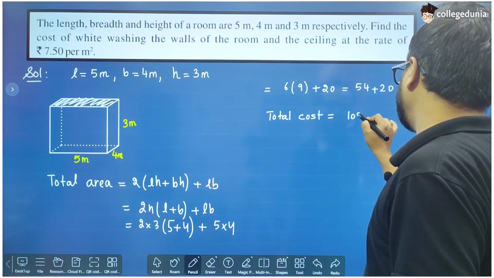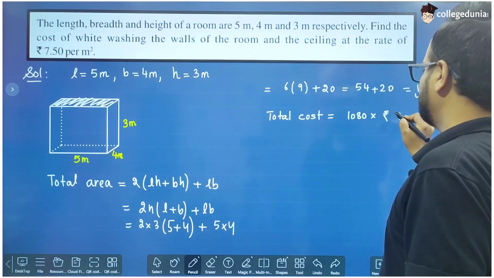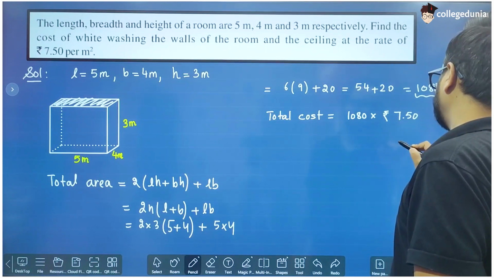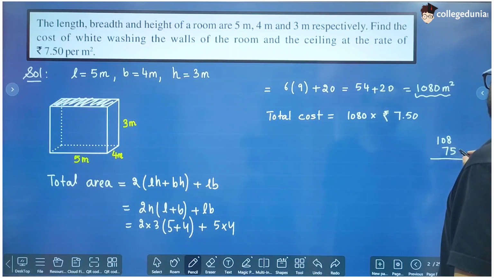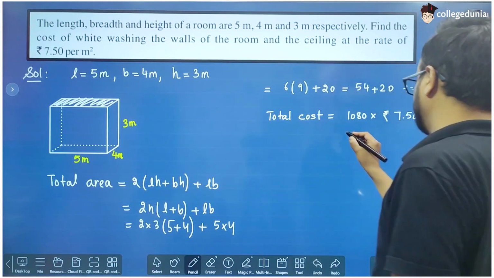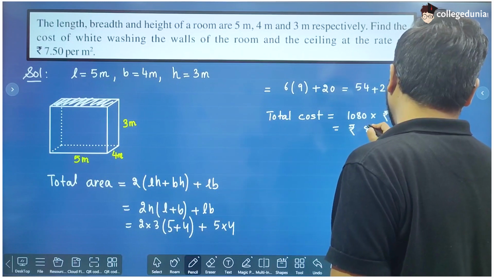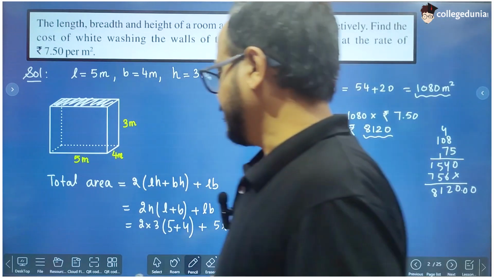Total area into rupees 7.50. So 74 into 7.50, this is rupees 555. Rupees 555, right?